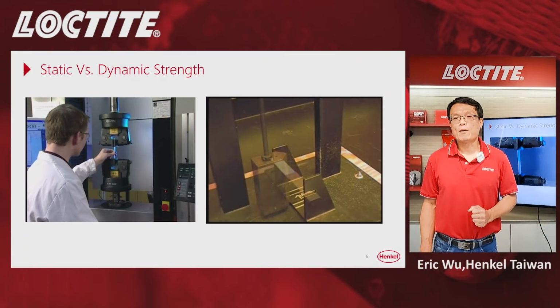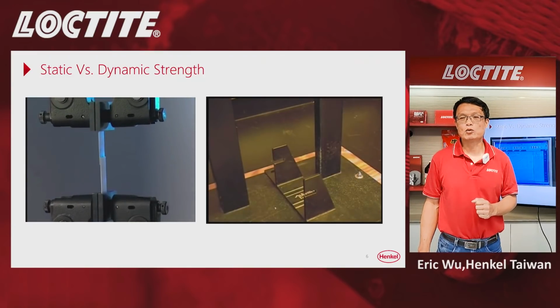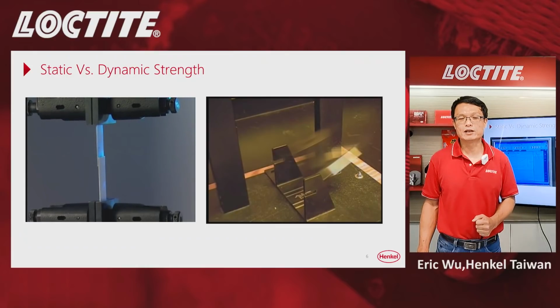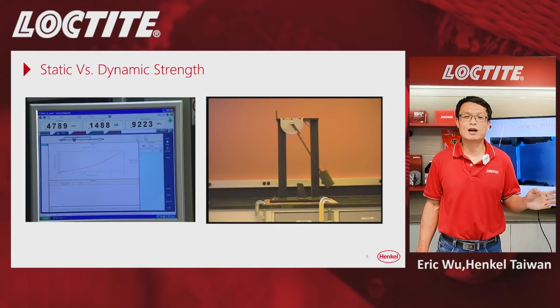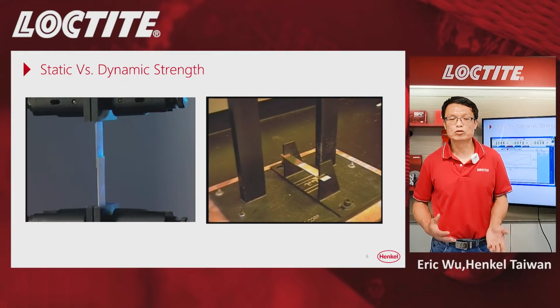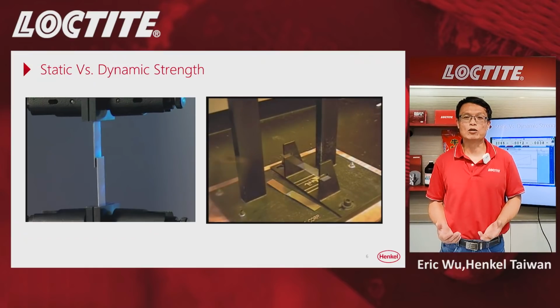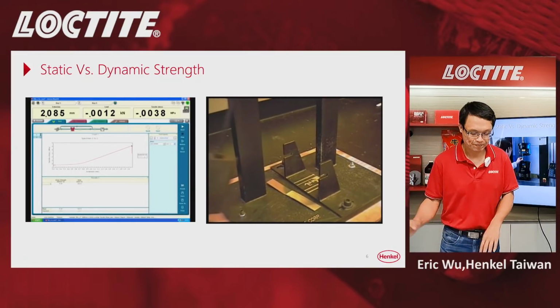So in Loctite Taiwan, we also have some internal test methods, which are very similar to the one we demonstrate on the right-hand side of this slide. So I'm going to introduce you to the test jig we are going to use in our DOE, the design of experiment. Let's take a look at this jig here.